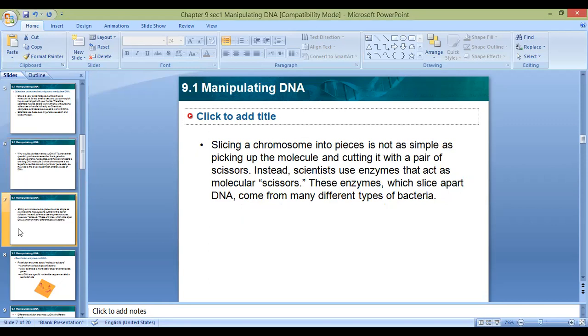We said that splicing the chromosome into pieces is not like splicing anything else, because it's very small, we cannot see it with our hands. It is a large molecule at a molecular level. If we compare DNA with other molecules, it is large, but still we cannot see it. So we can use something called restriction enzymes, which are molecular scissors.